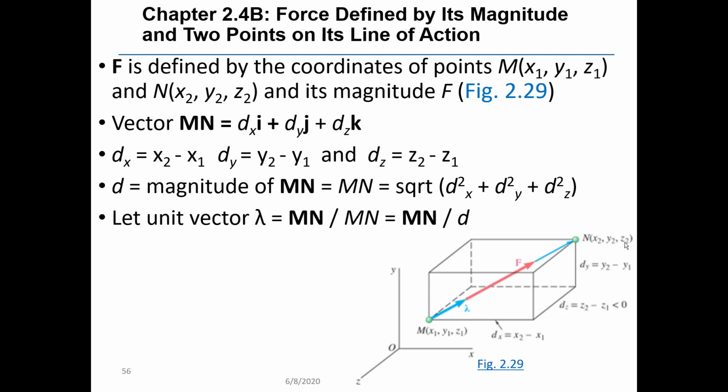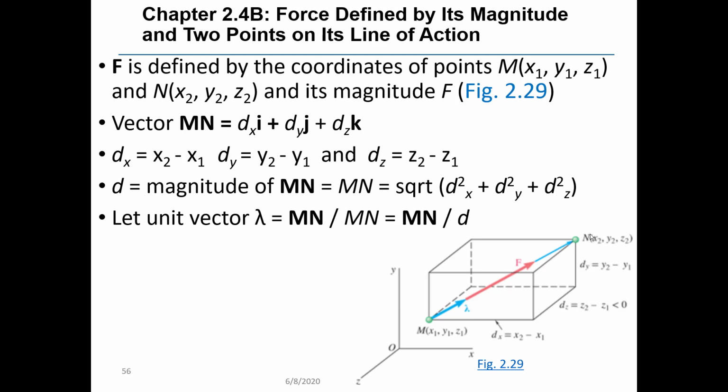The easiest way to remember which point is point 2 and which point is point 1 is the fact that the arrow for force F and the arrow for vector lambda is pointed towards the second point. So here's your arrow, and it's pointed towards point N, which is the second point, x2, y2, z2.